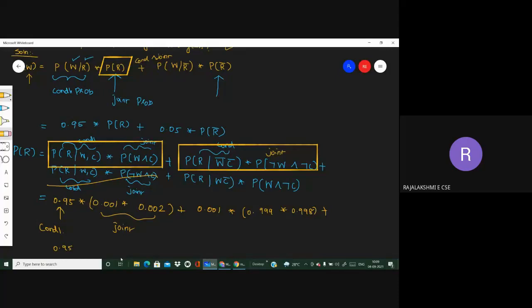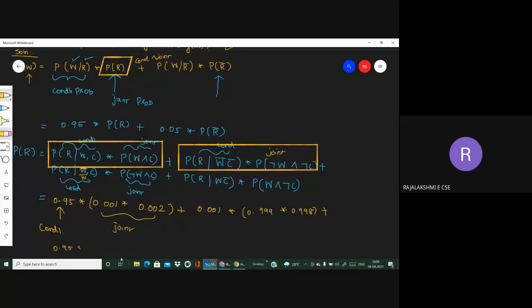Okay. 0.95 into what is the probability of windy and what is the probability of cloudy? Not windy. Okay, sorry. This is 0.95. Okay. W bar. 0.95 into. Is it 0.95?